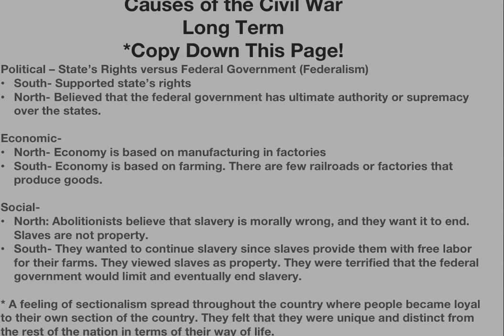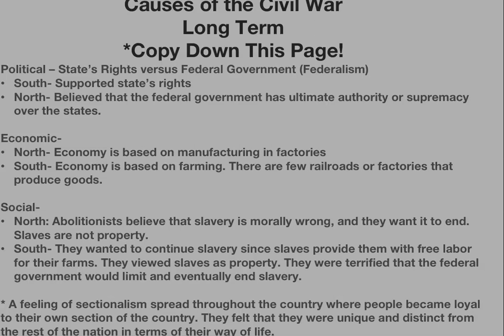They believed that it had ultimate authority over the states, and it could tell the states whatever they had to do, and you had to follow the rules. You think about your own family life. Who's in charge in your household? Is it you, or is it your mom or dad or grandma or grandpa or whoever your guardian may be that you live with? This is an issue of power.